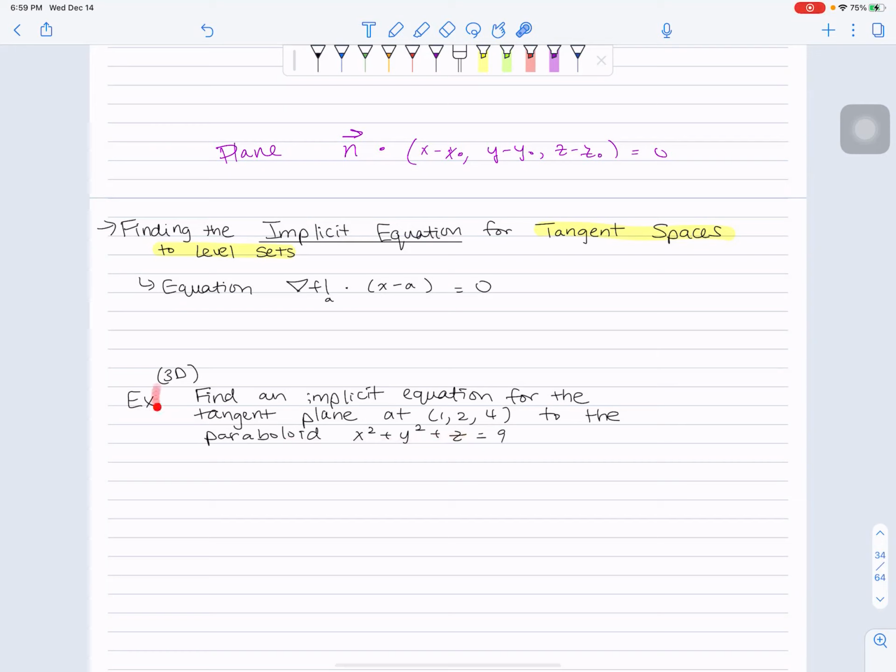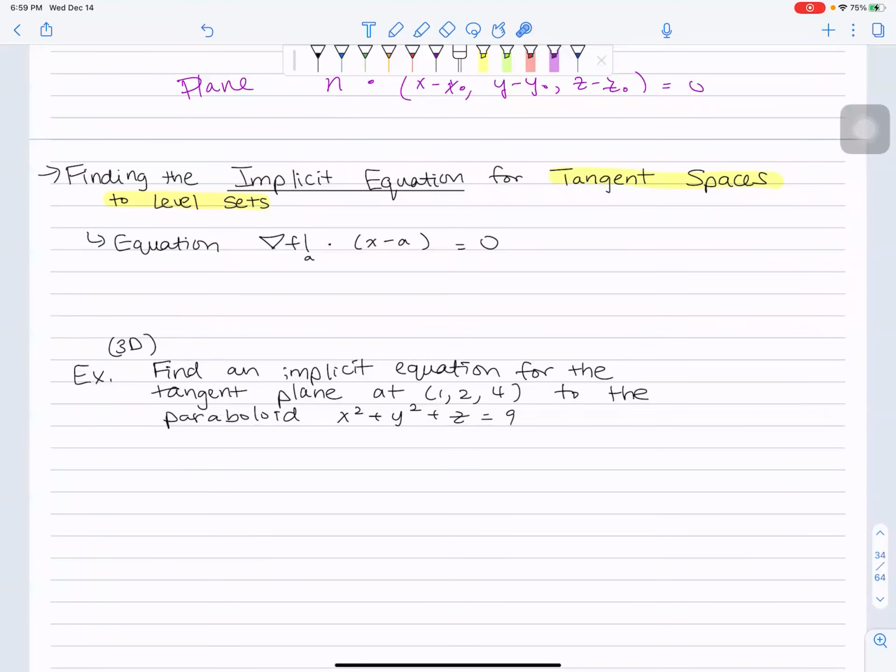So here I have an example. Say we wanted to find the implicit equation for a tangent plane at this point to some paraboloid. First, let's see what the level set is. I take my function. Usually we want to write everything on one side.